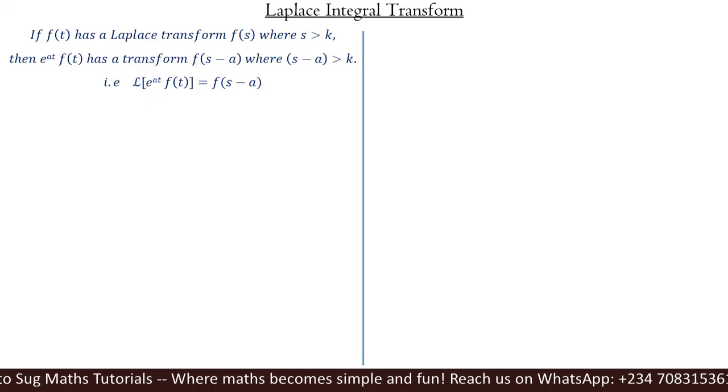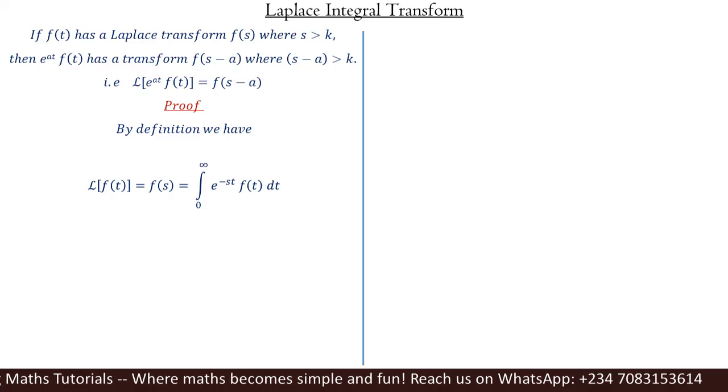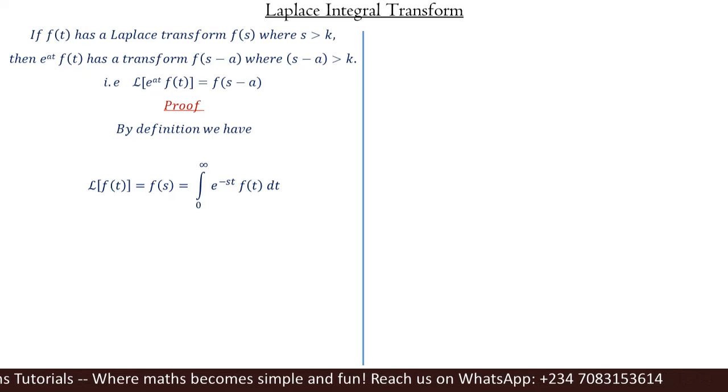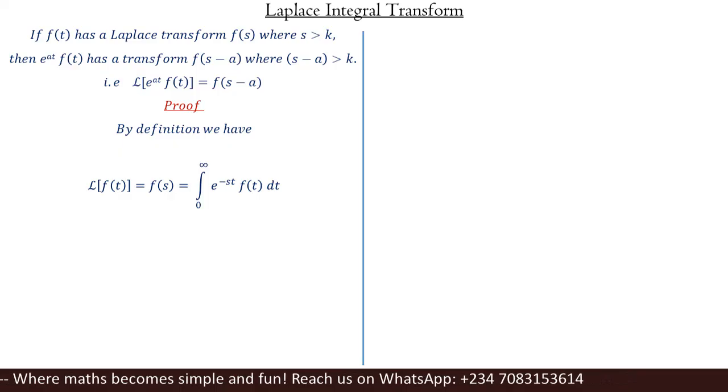Now, to prove this, if it is true, from the definition of Laplace, we say that the Laplace transform of f of t is given as F of s, the integral from 0 to infinity of e raised to the power of minus st f of t dt, where t is greater than or equal to 0. Okay? Now, if this is true, this is the definition, right? And we know it's true, right?